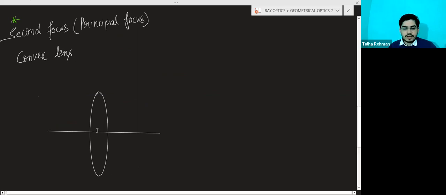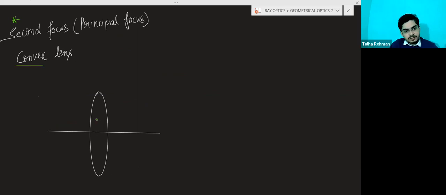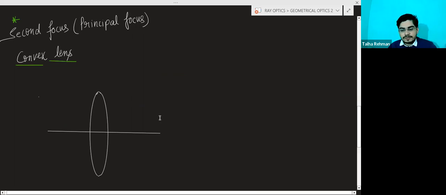This is a convex lens, we know. Now how will we define the second focus or principal focus?